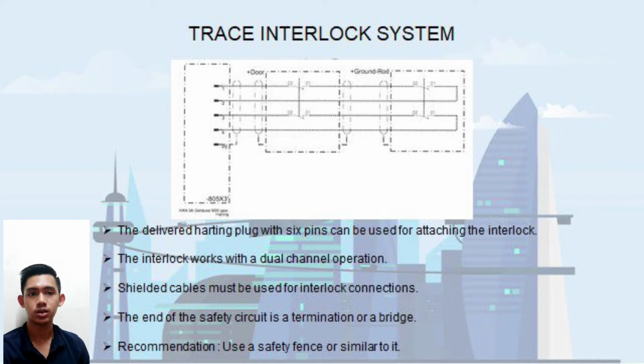The 6-pin plug can be used for attaching the interlock. They usually use two closed contacts together. The interlock operates with a dual channel service, so it tracks the time of divergence between the two contacts and has cross short detection to avoid linking the two circuits together in a fault case.